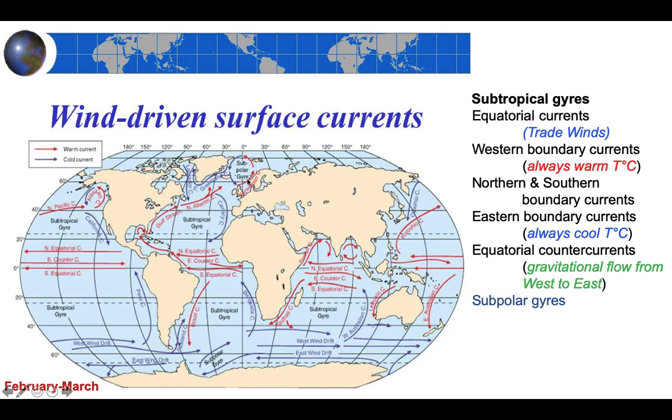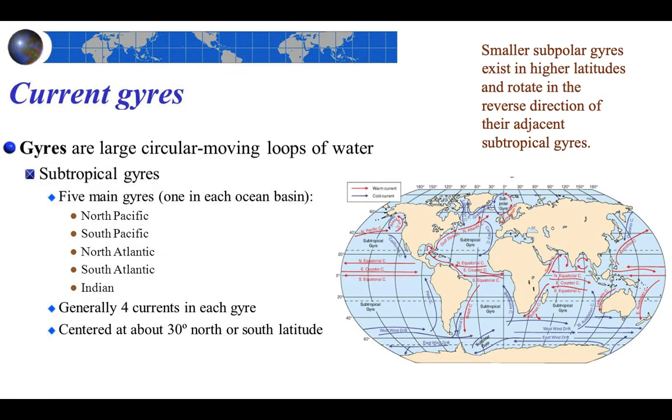There are also subpolar gyres set up on a much smaller scale adjacent to the much larger and very powerful subtropical gyre systems. So let's take a look at these gyres a little bit in more detail. They form these large circular moving loops of water, and we have 5 of them, 2 in each of the main oceans, the Pacific Ocean and the Atlantic Ocean, and there is one in the southern Indian Ocean, because the Indian Ocean is basically a southern hemisphere ocean.